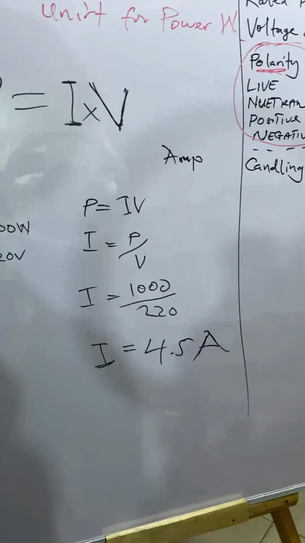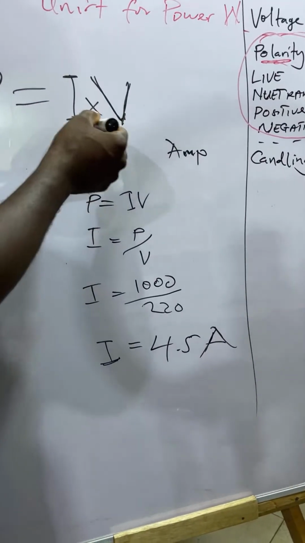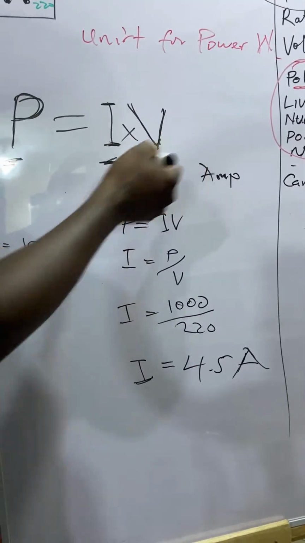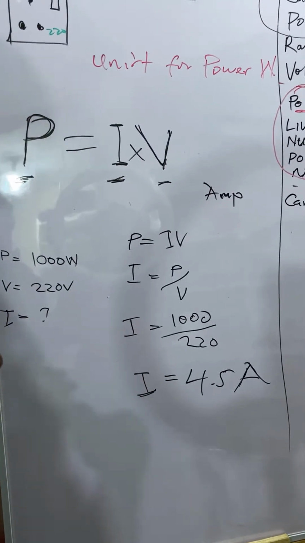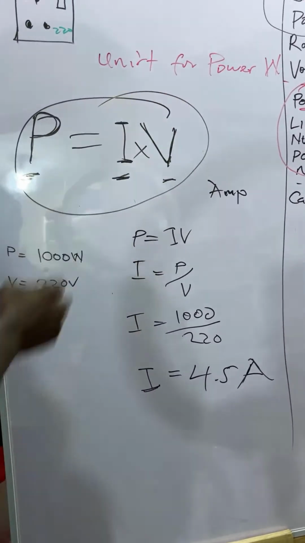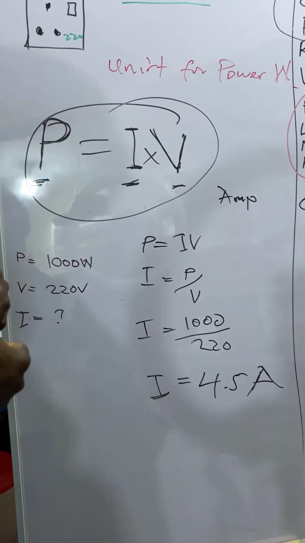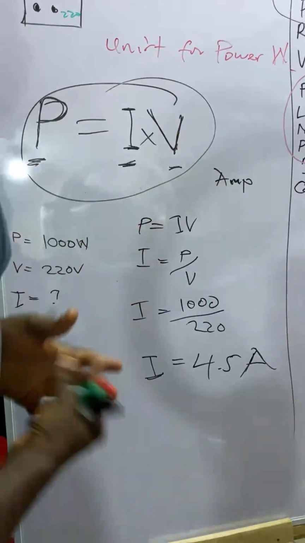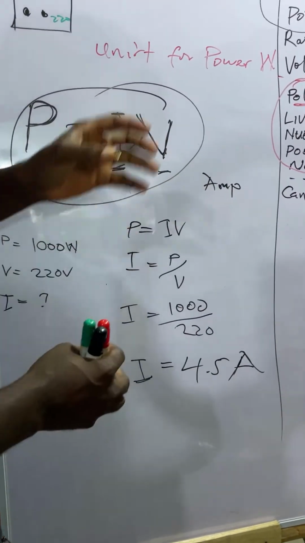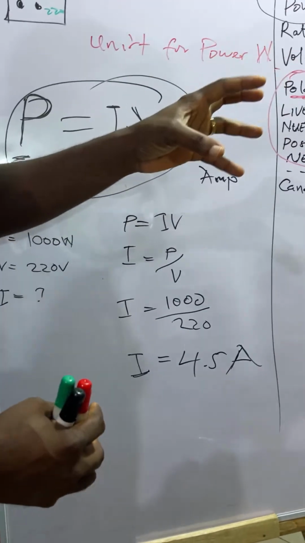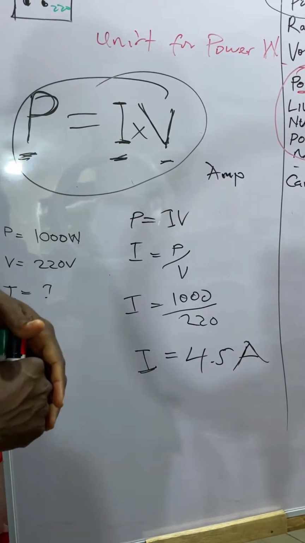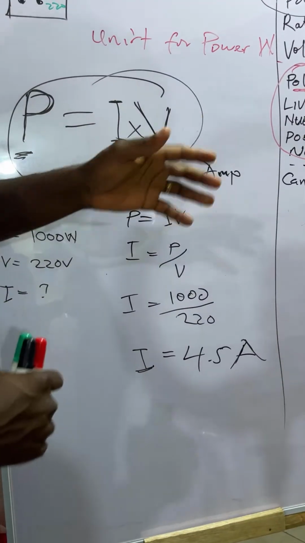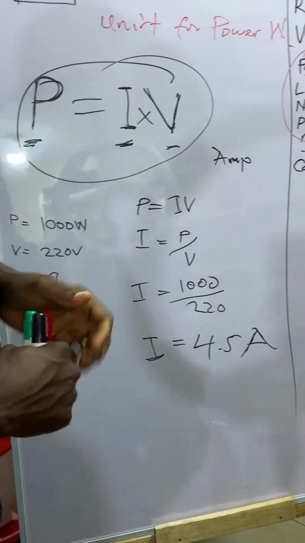So this is the relationship between power, current, and voltage. This is necessary for you because we are encouraging you to make your own incubators. After you make your machine, you have to know what amount of power and current your incubator is consuming.